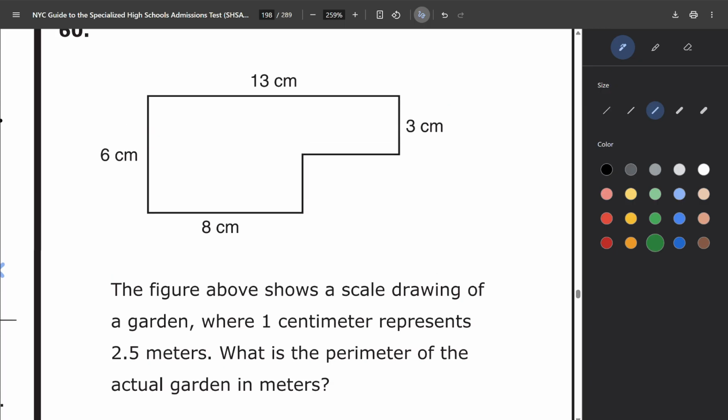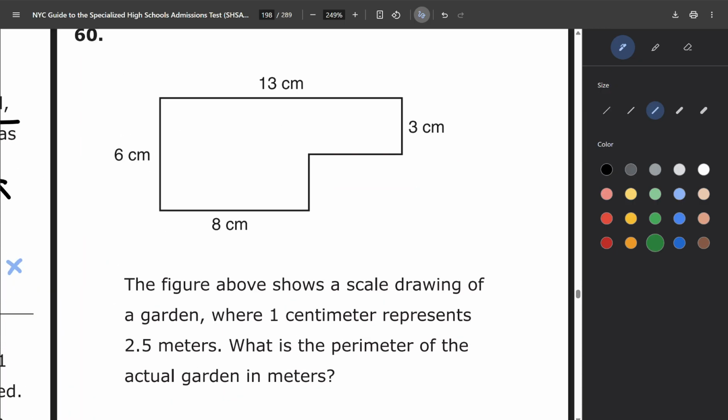Okay, last but not least is question 60. The figure above shows a scale drawing of a garden, where 1 centimeter represents 2.5 meters. What is the perimeter of the actual garden in meters? So in order to solve this, it is very, very easy. You just have to make sure you don't make silly mistakes. So we can find the perimeter of these sides pretty easily because there's a number right next to them.